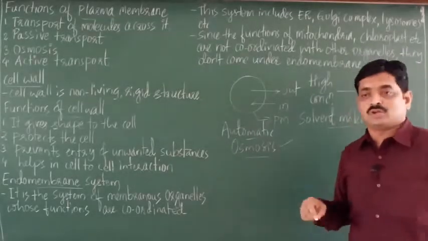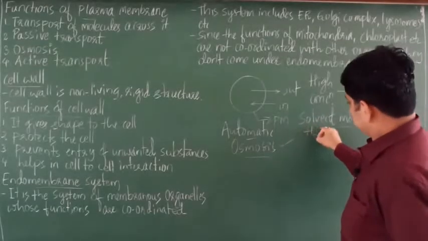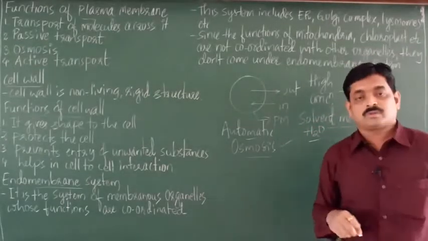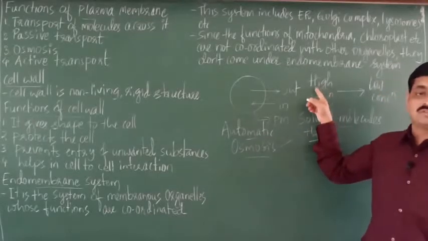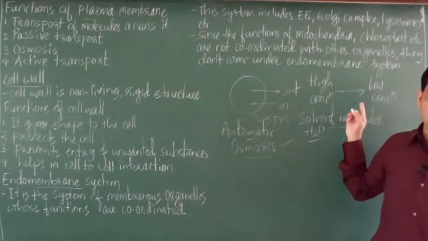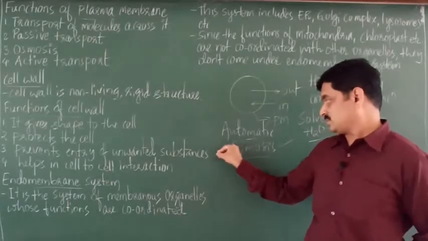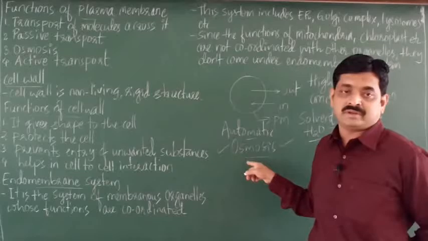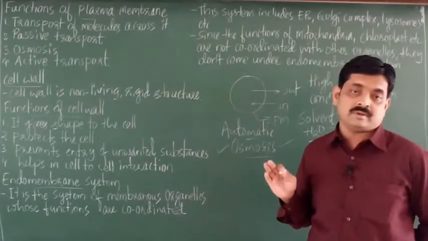Osmosis is the movement of solvent molecules. Here solvent is water. So it is the movement of solvent molecules from high concentration to low concentration. So this is another function of the plasma membrane. Osmosis takes place through plasma membrane.